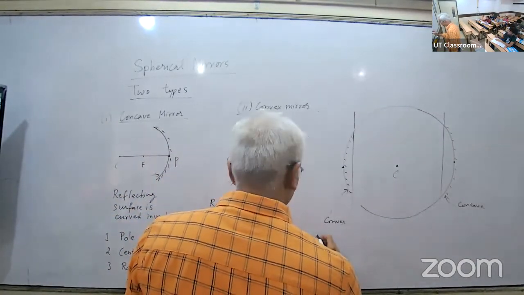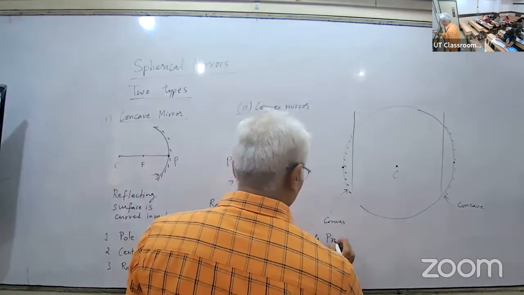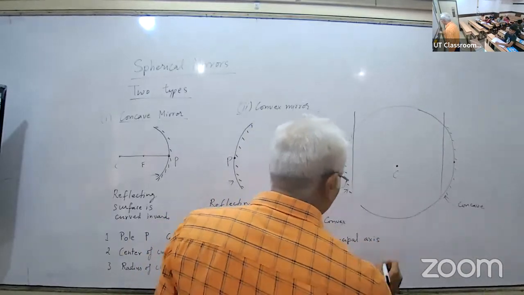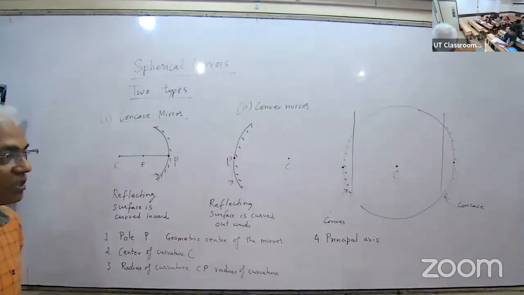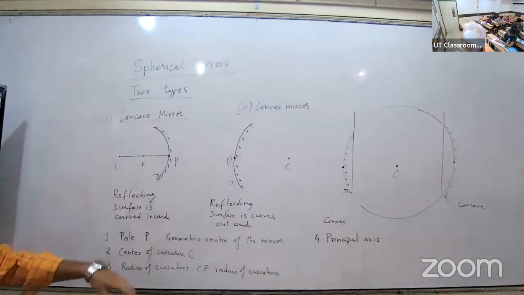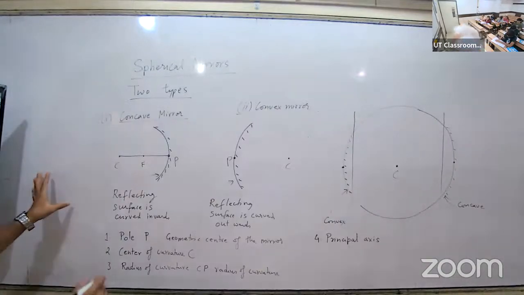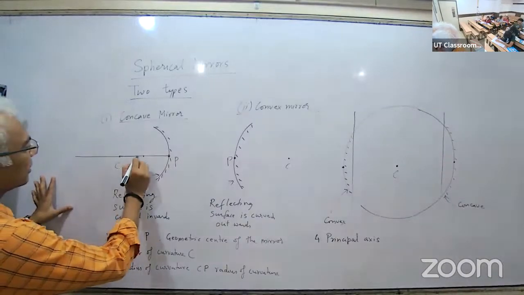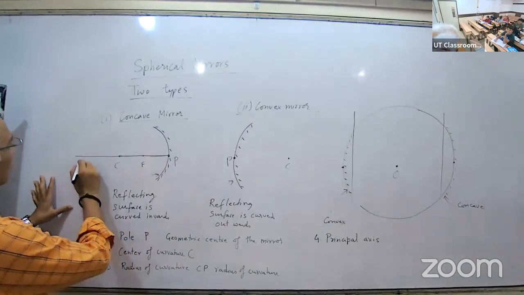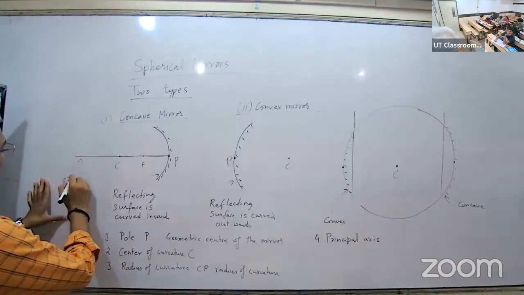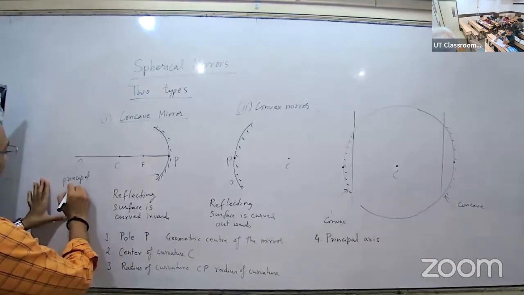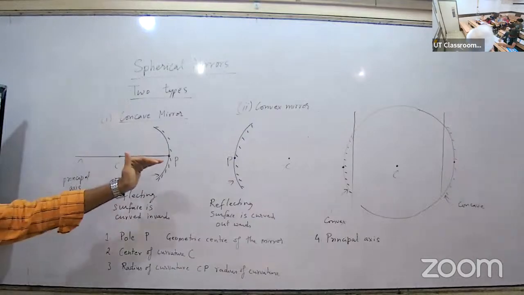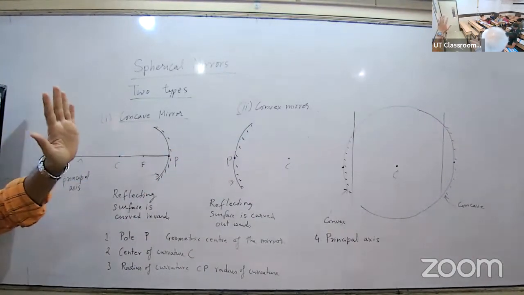Before that, let us understand what is principal axis. These are the terms that you will use while studying the image formation by spherical mirrors. The principal axis is the line that joins C and P. Principal axis is a line that passes through C and P.